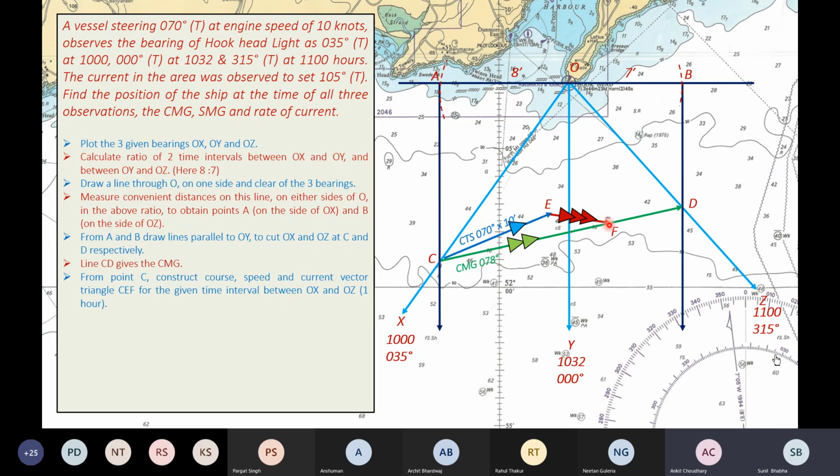Wherever this vector meets our course made good line, that is the green color line CD, let's mark that point as F. EF now represents the set and drift of the current. We have made this triangle for 1 hour, and the vector EF represents the set and drift of the current for this interval.